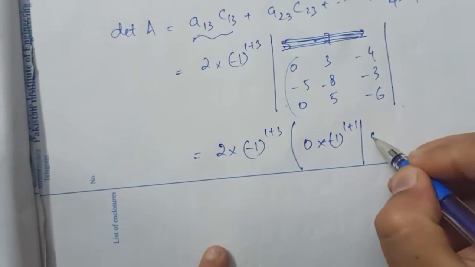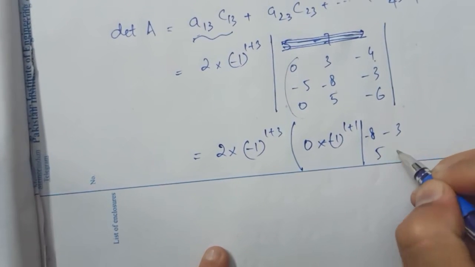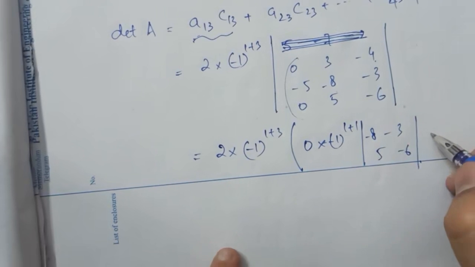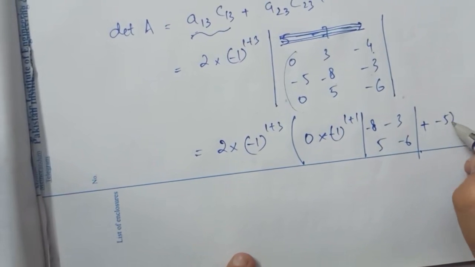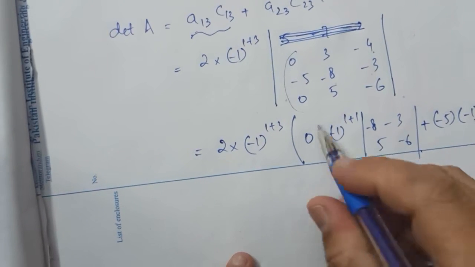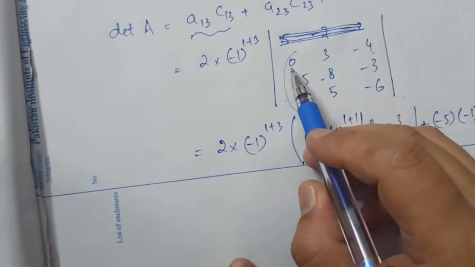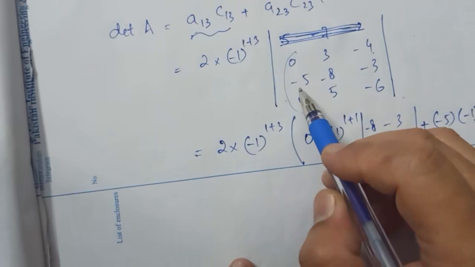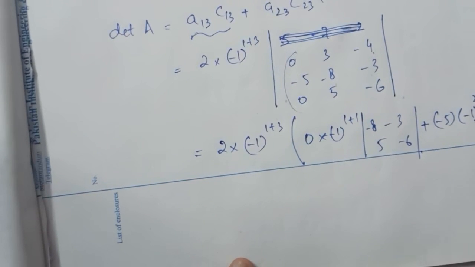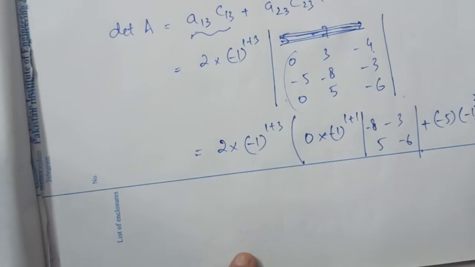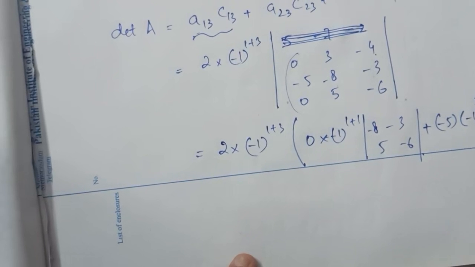So you get here minus 8, minus 3, 5, minus 6, and again if I write this here, it becomes plus minus 5 times minus 1 to the power, because this is now 1 1, and again this is your 2 1, so it becomes 2 plus 1, and this becomes 3, minus 4, 5 and minus 6.